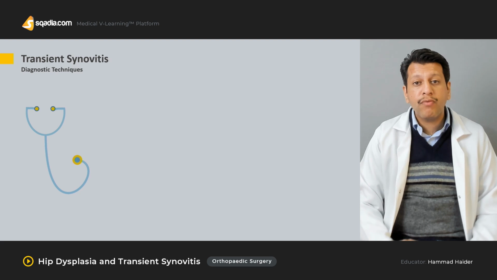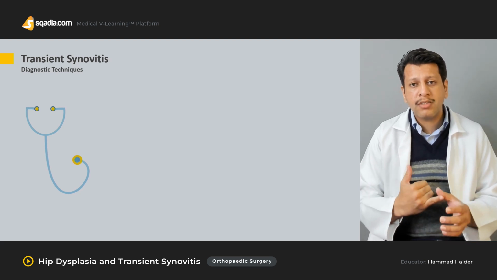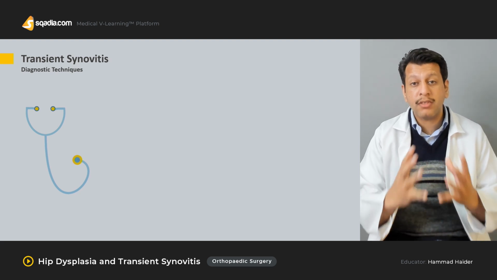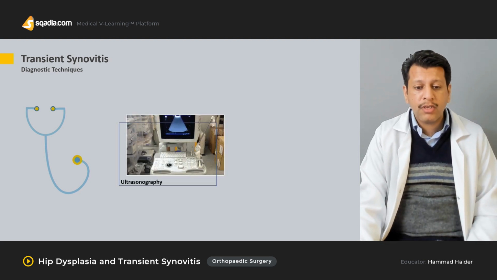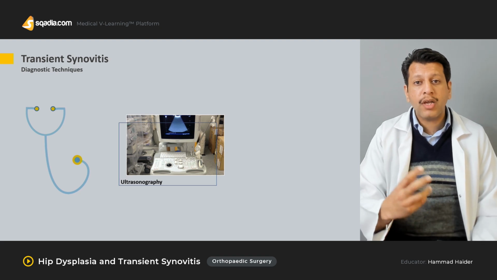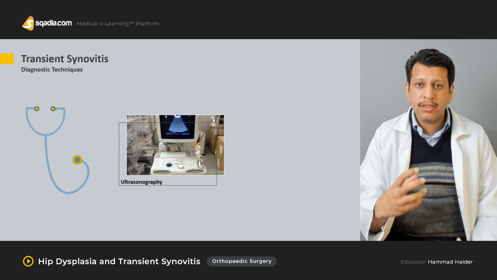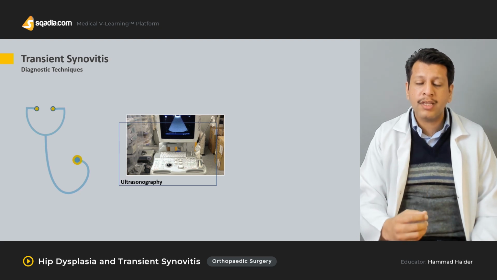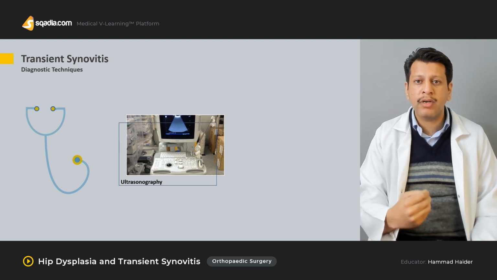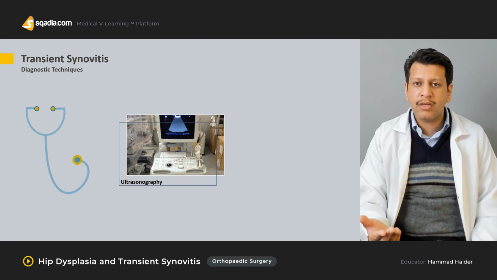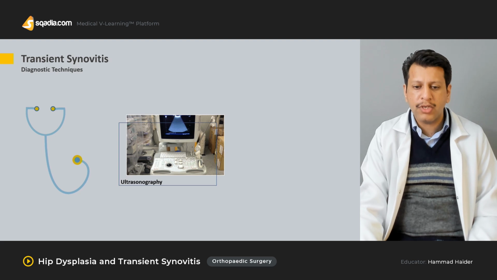Therefore, normal laboratory tests such as blood CP, ESR, CRP may not be enough. We may have to go for some special tests, which include ultrasonography, which would tell us whether the hip joint is swollen and whether there is any fluid or not. Then we can aspirate that synovial fluid and test for culture sensitivity, and then we can go for synovial fluid routine examination as well.